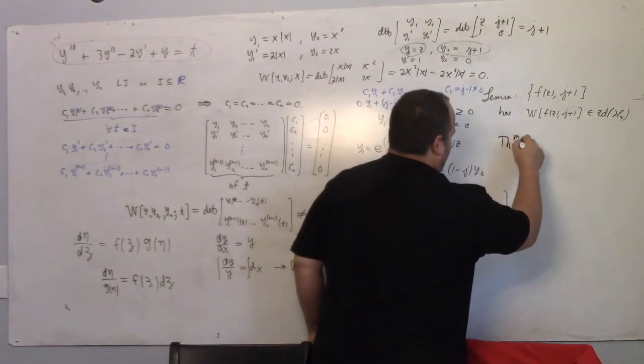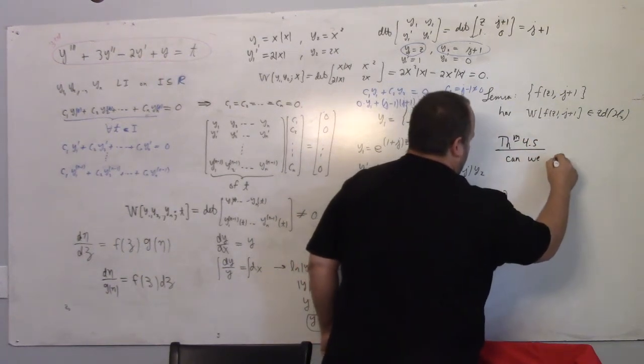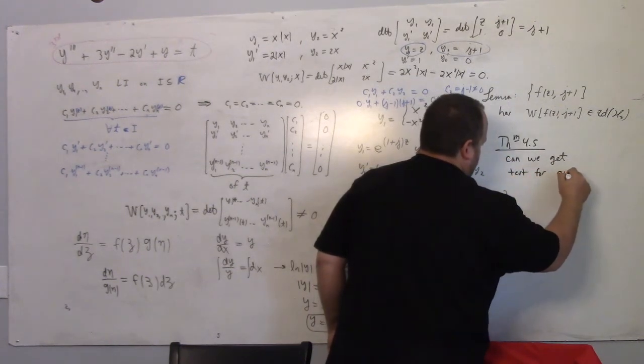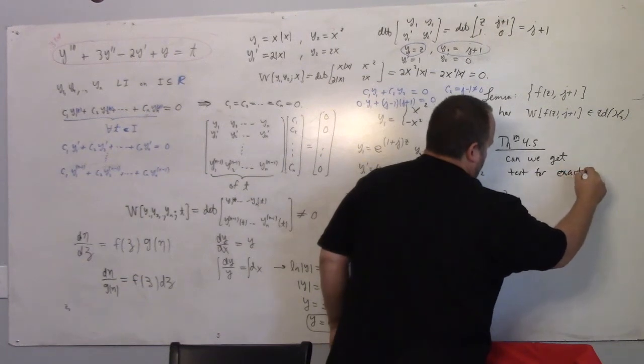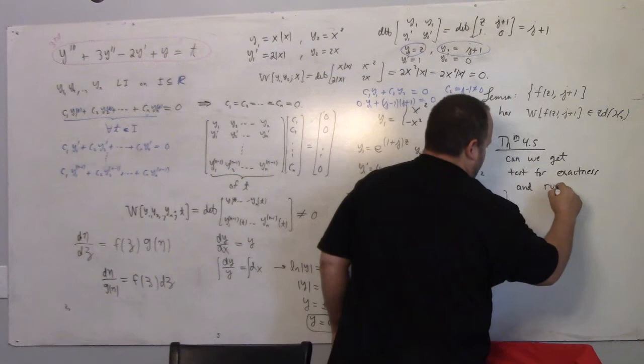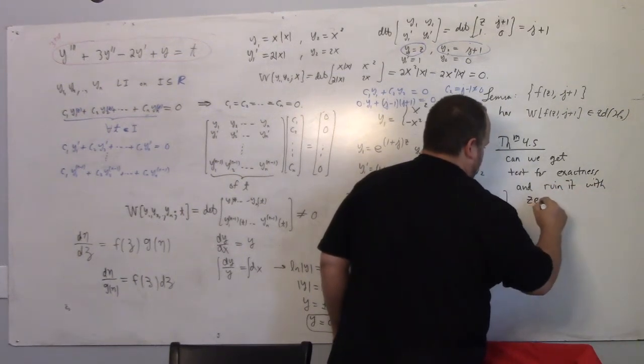Theorem 4.5. Can we get the test for exactness and ruin it with zero divisors?